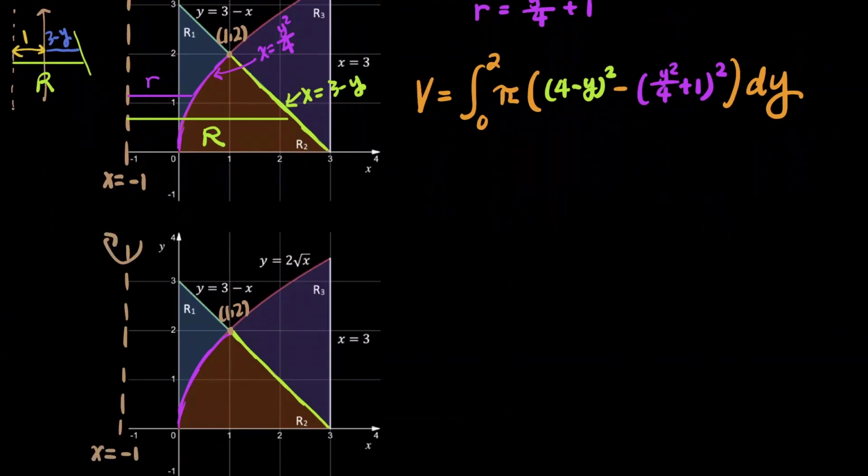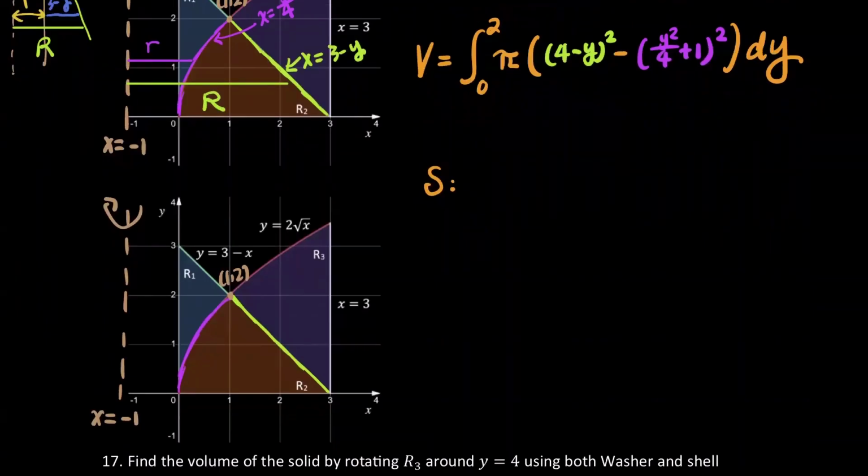And we're doing it using shell method. So for shell method, rotating around a line that's parallel to the y-axis, we're actually doing it in terms of x.